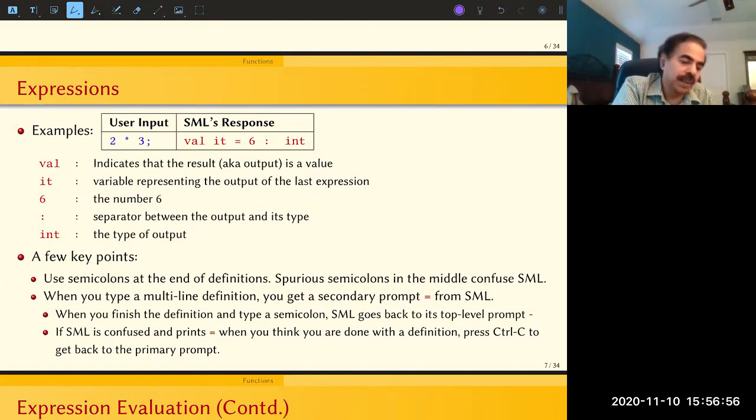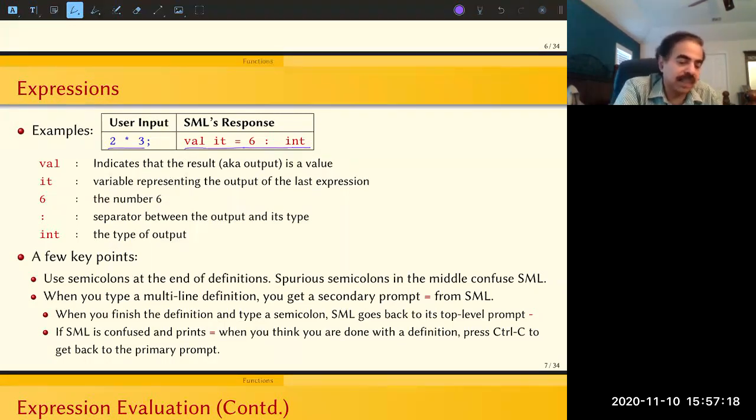So if you type in 2 times 3 semicolon, then you are telling Standard ML to compute that value, and it's going to print the result for you. The result is 6.